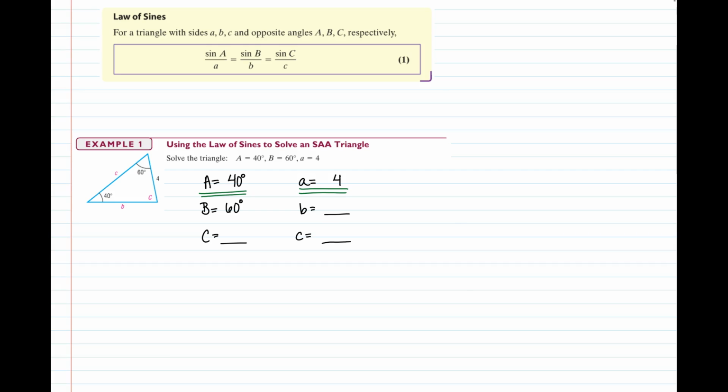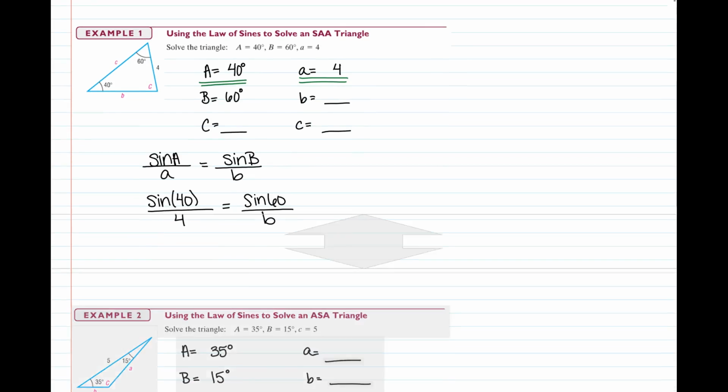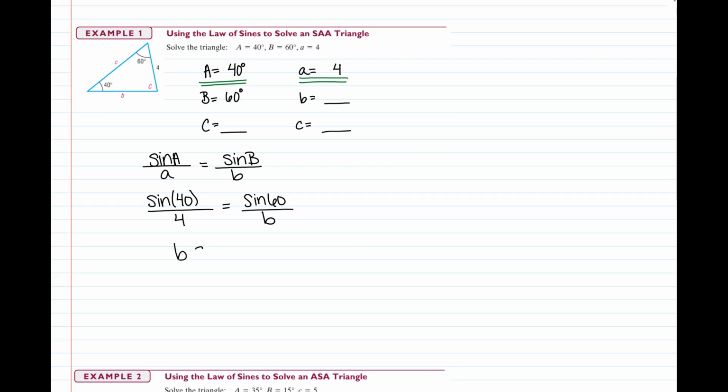So I can use that to find side B. So I set this up as sine of angle A divided by side A equals sine of angle B divided by side B. Okay, so I've got sine of 40 degrees divided by 4 equals sine of 60 degrees divided by B. So to solve this proportion, I would cross multiply: B times sine of 40 equals 4 times sine of 60, and then divide both sides by sine of 40.